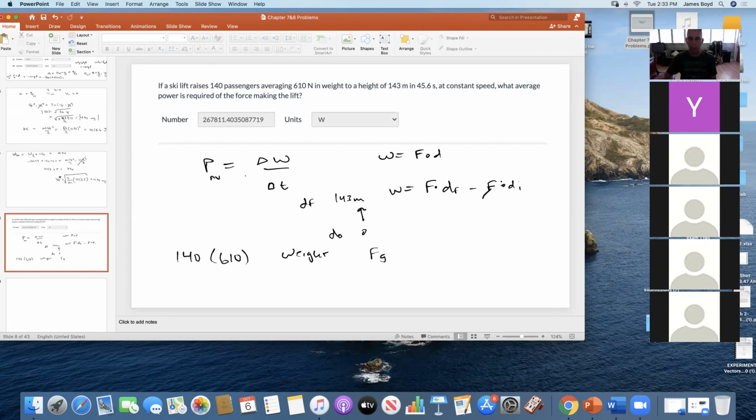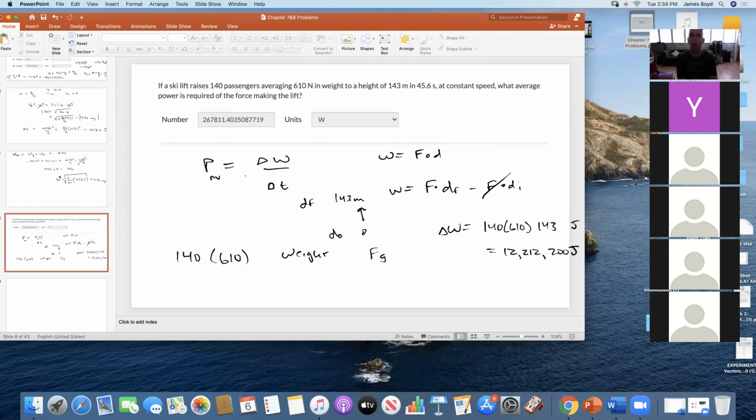So the work, which I should really call delta W, is 140 times 610 times 143 joules. That is a huge number: 12,212,200 joules. Now, we want the power, and power is the change of work over the change in time.